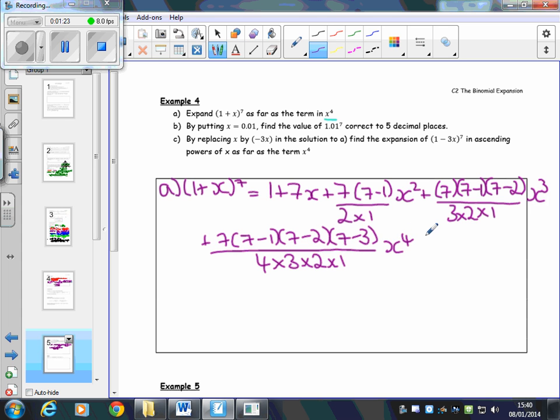So we can stop now because we've got to the x to the power of 4 term. So this is used in the alternative formula on page 4 in your booklets.